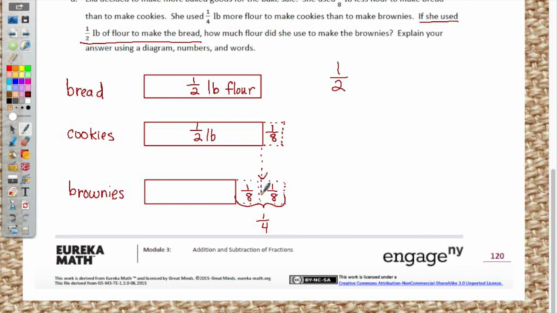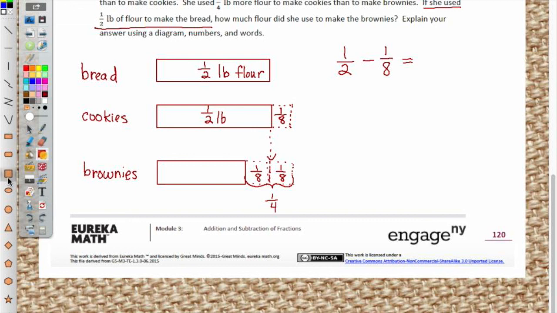My line's not correct, but it should be right there. We know that 1/2 minus what, boys and girls? 1/8. Okay, so how do I do this problem? This is your last problem. Fraction model, because that's what our directions say.